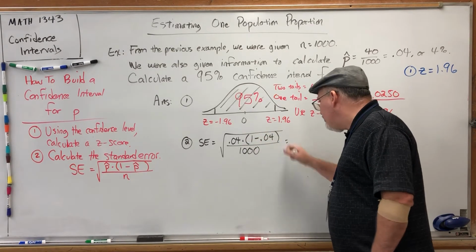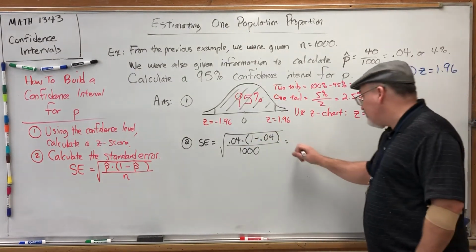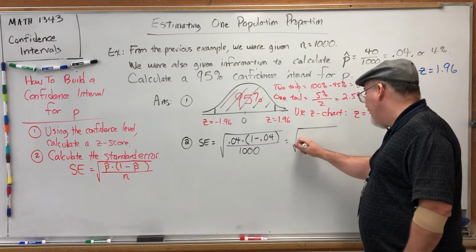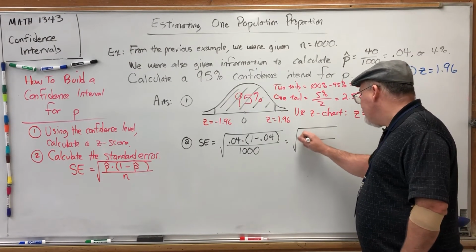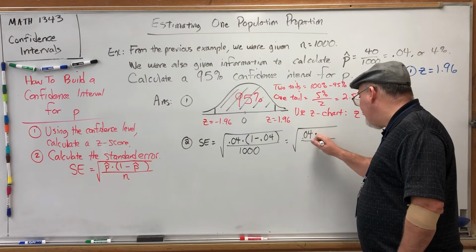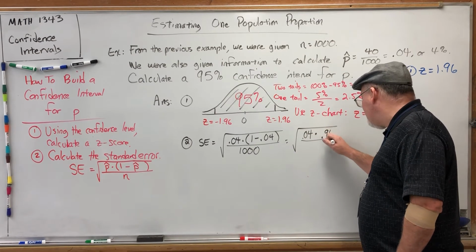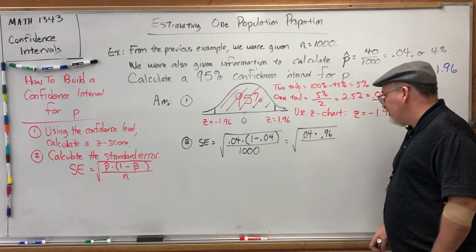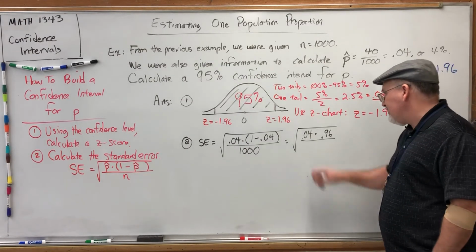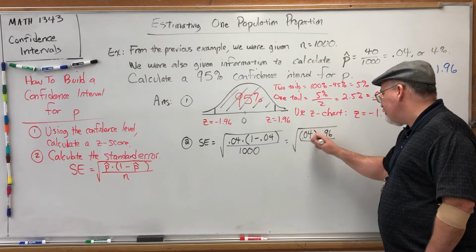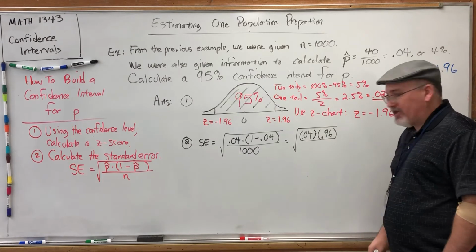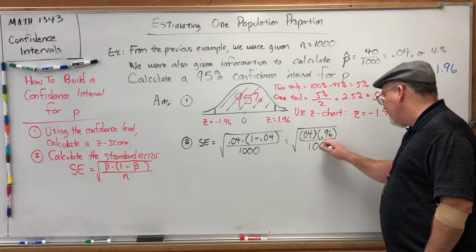Now, if you want to, you can go ahead and execute the subtraction problem so that you don't have the parentheses. 0.04 times 0.96. It's this reason why I like putting zeros in front of decimals, because this looks messy. Or you could just put parentheses around each one of these to imply multiplication. However you want to write it is up to you.